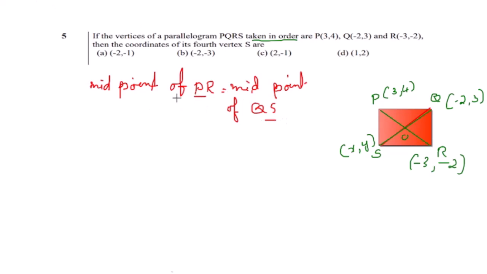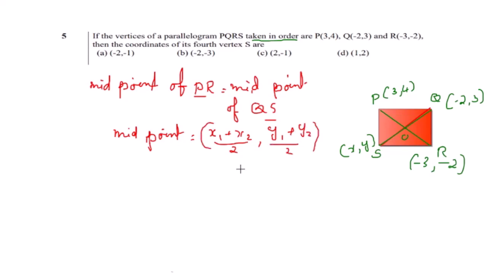But how to find out the midpoint of PR? In coordinate geometry, what is the formula for finding the midpoint of two coordinates? Midpoint is equal to x1 plus x2 upon 2, comma y1 plus y2 upon 2. This is the formula for finding midpoint, right?